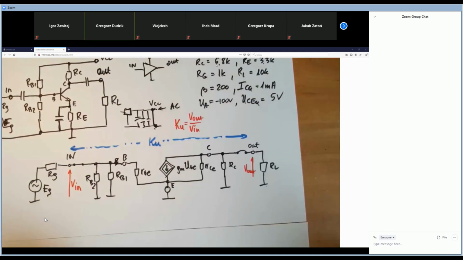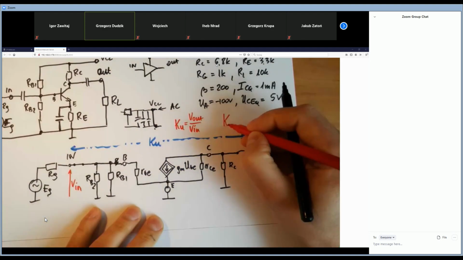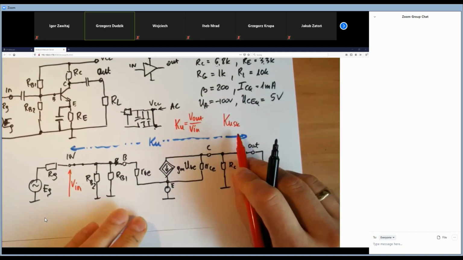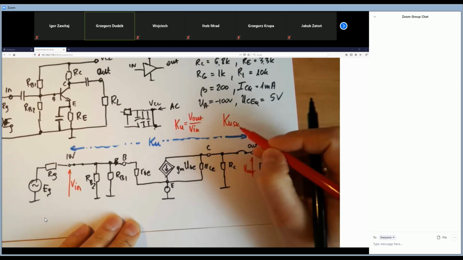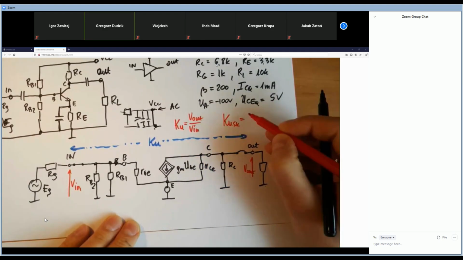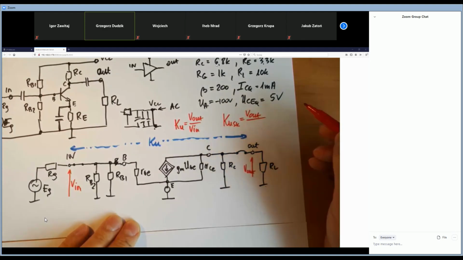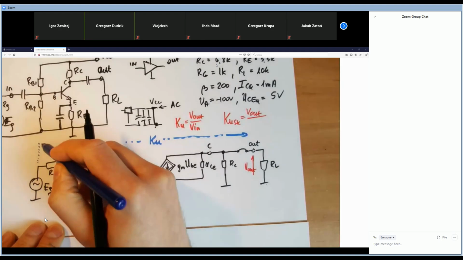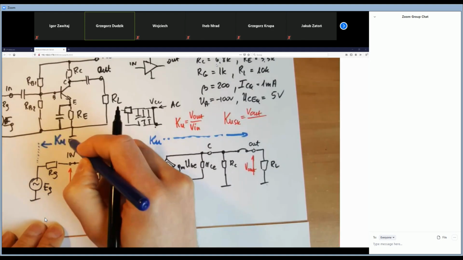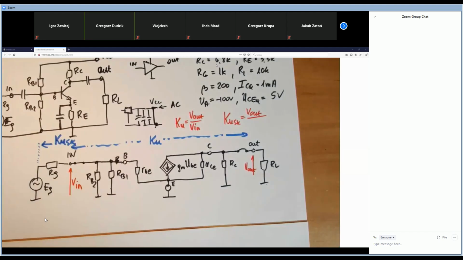Because the effective voltage gain, sorry, this is the Polish notation, sorry for that, is V out over, what do you think? Over what?